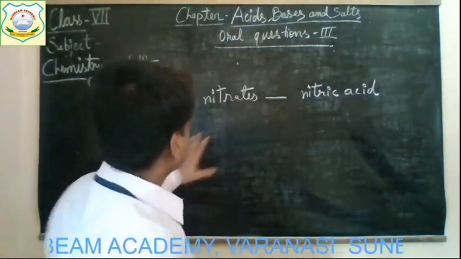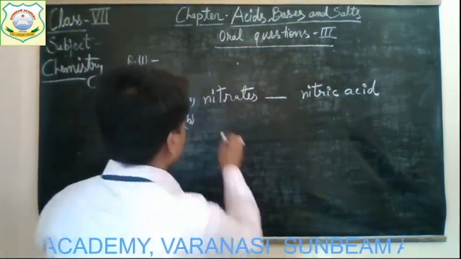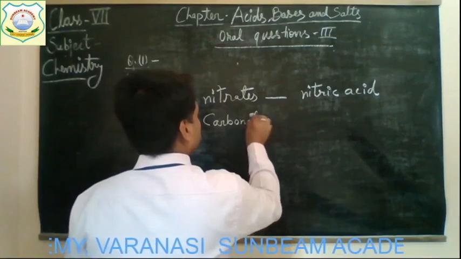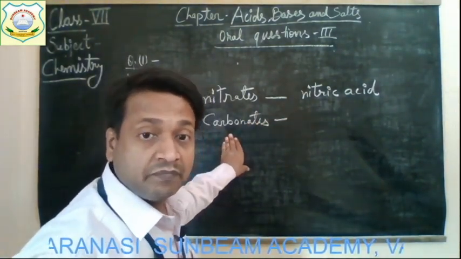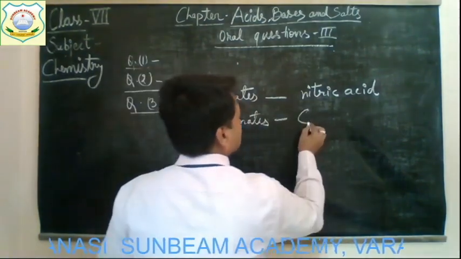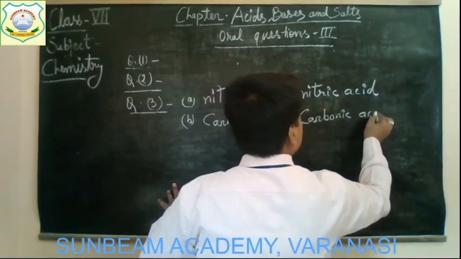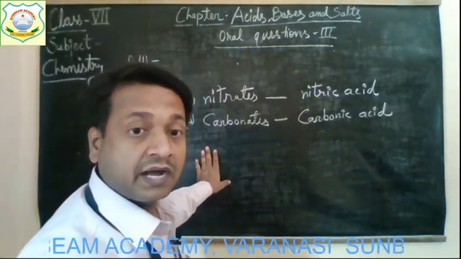Okay. Now the second is carbonates. So the carbonate salts are obtained from carbonic acid. Get it? Now the third salts are chlorides.